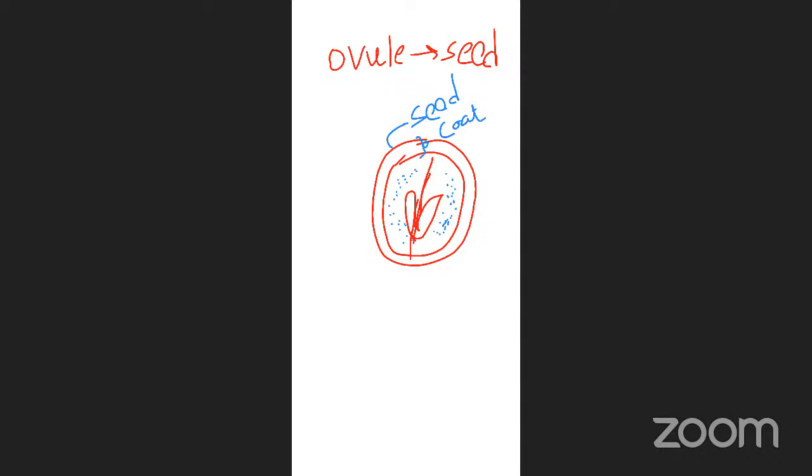In the seed coat, the outer layer is very thick and is called testa. The inner layer is thin and is called tegmen.